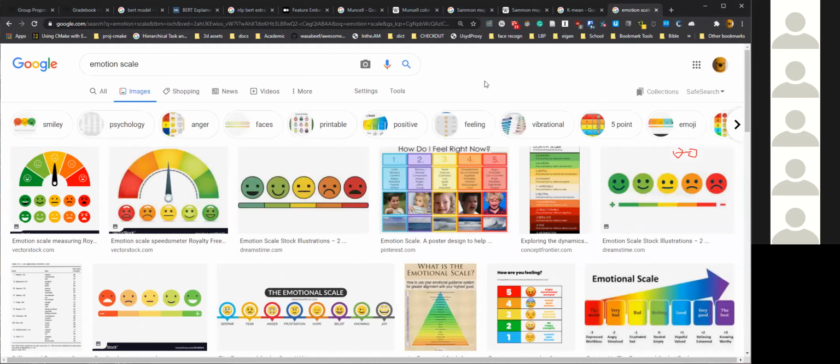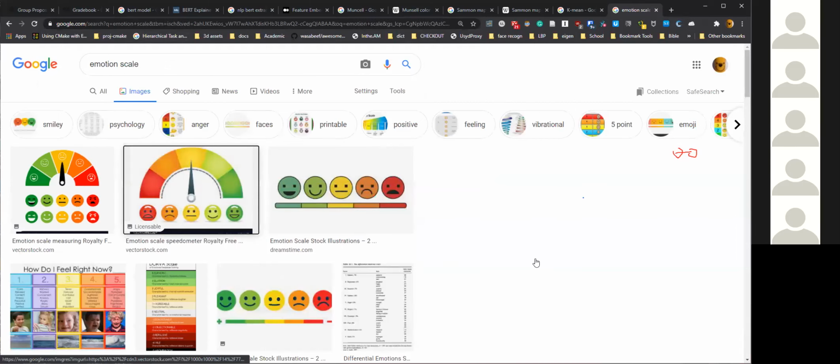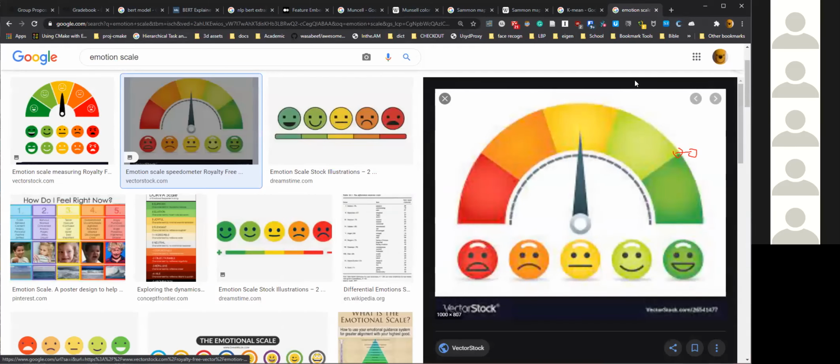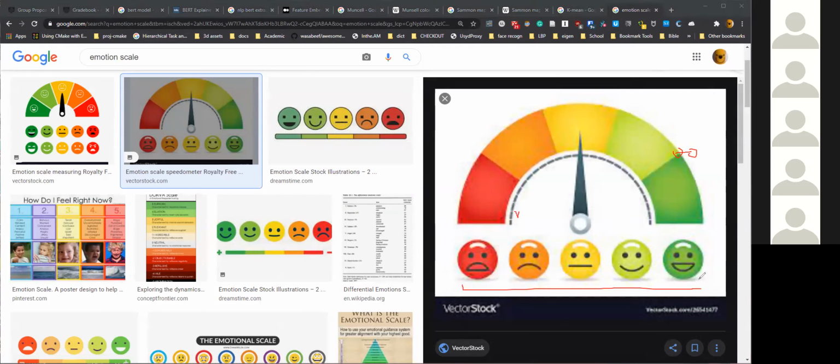Okay, so for example, this is not happy, this is happy, this is normal, this is super happy, right? So he's saying that even though we have 5 different scales, maybe in reality their distance is not equal.